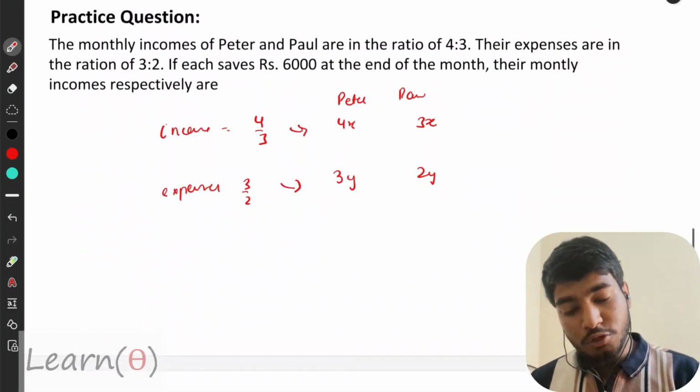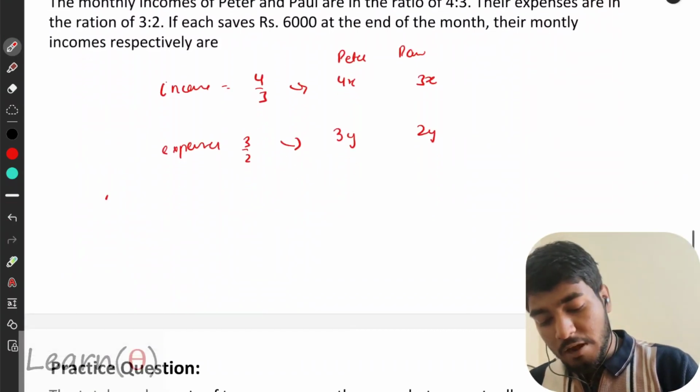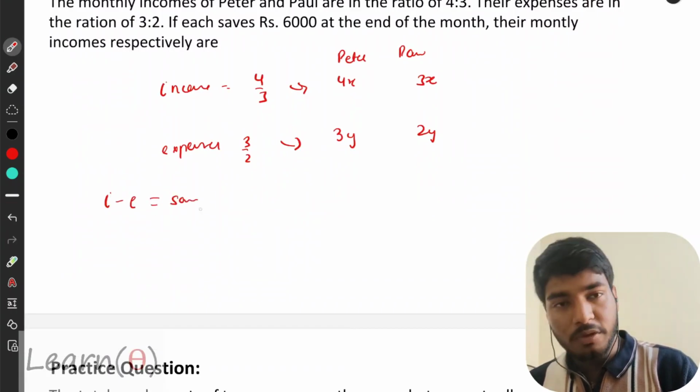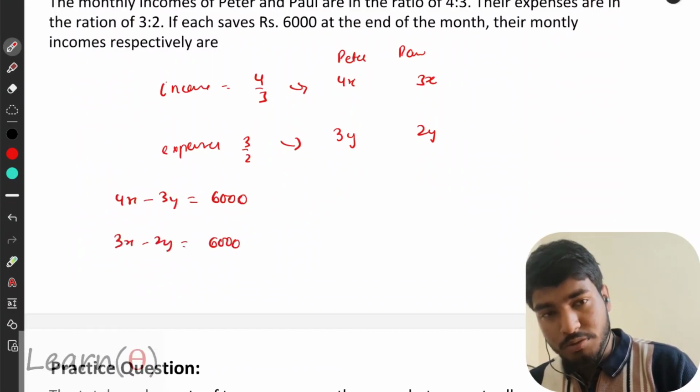It is given that each of them saves 6,000 at the end of the month. That means income minus expense is equal to saving. Therefore, I will write 4x minus 3y is equal to 6,000, and 3x minus 2y is also equal to 6,000.